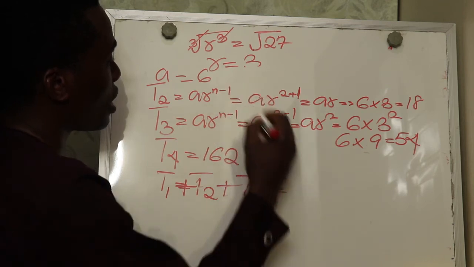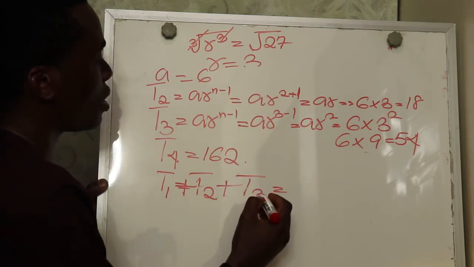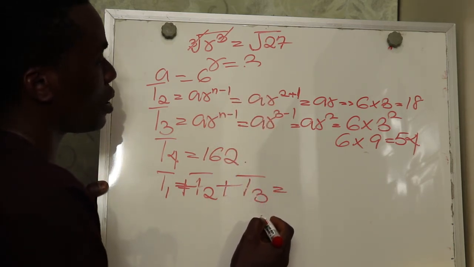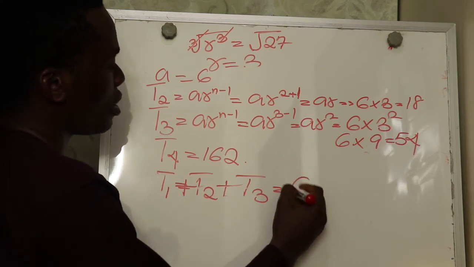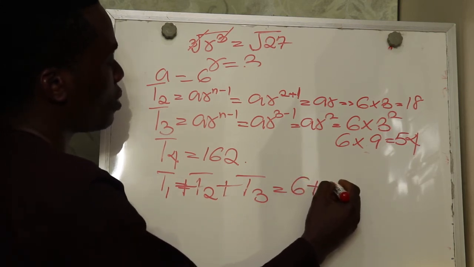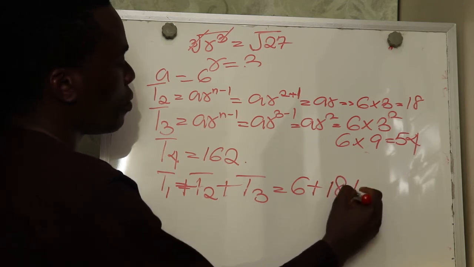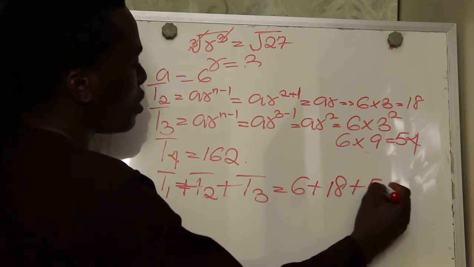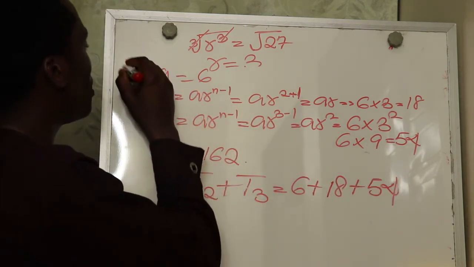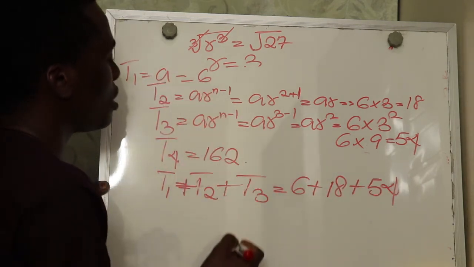So that will give us the first term, the sum of the first 3 terms will give us 6 plus 18 plus 54.